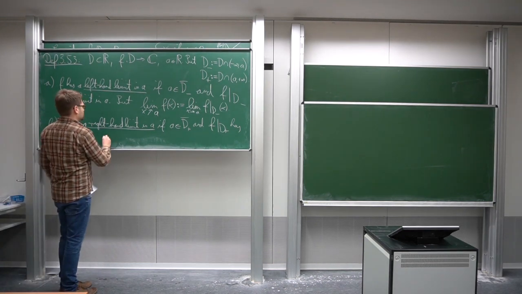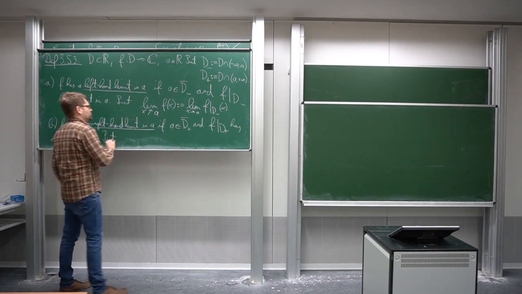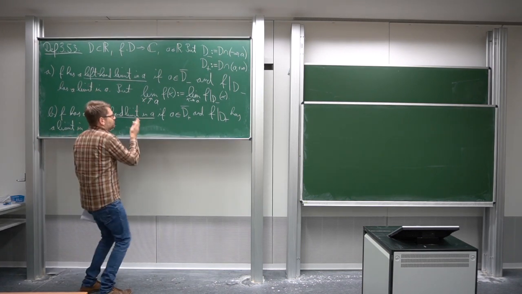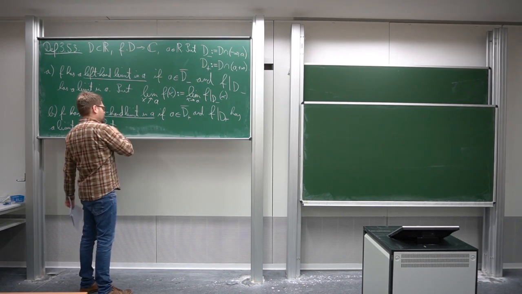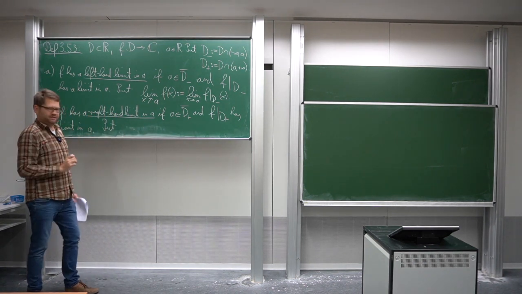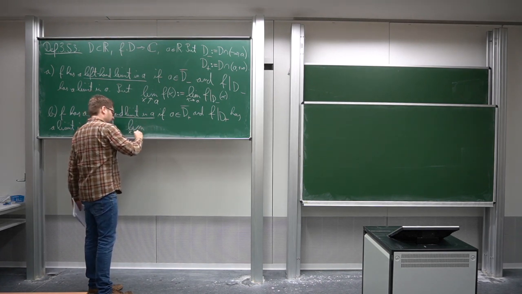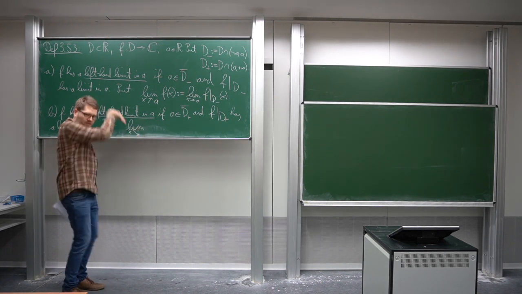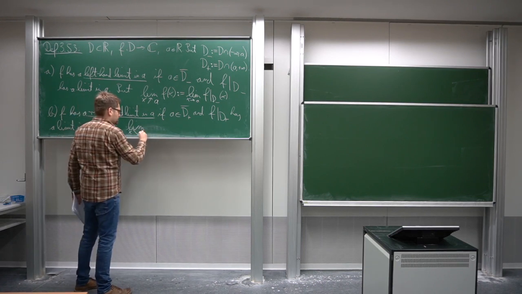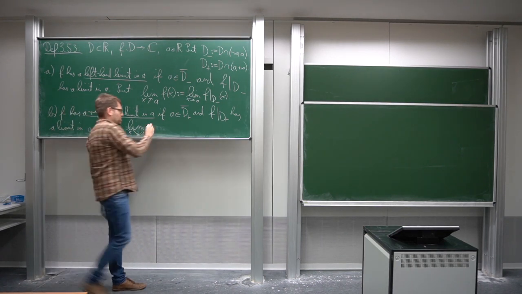And then, of course, we also introduce some notation. The previous one meant we come from below, and now this would mean we come from above and go towards a. So we use the different arrow, namely this diagonal arrow going down towards a. This is the notation for the right-hand limit.